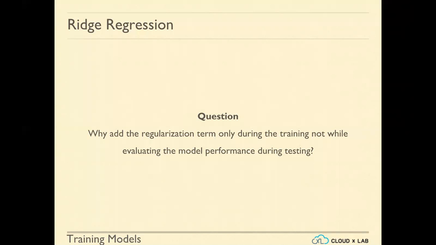Correct. The weights are being adjusted at the time of training. So the regularization term is for forcing the weights to have a lesser degree of freedom while computing the weights only, not while using the weights. Therefore, we only use the regularization term during training.